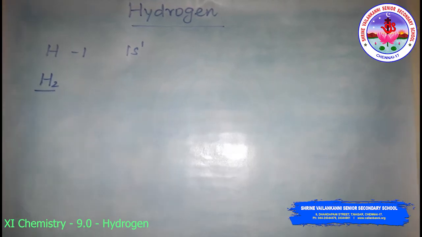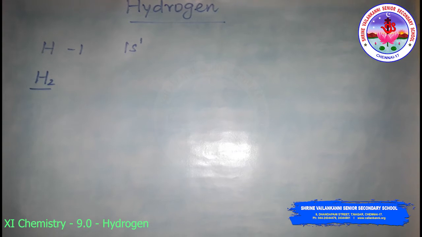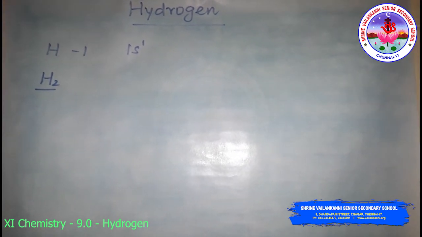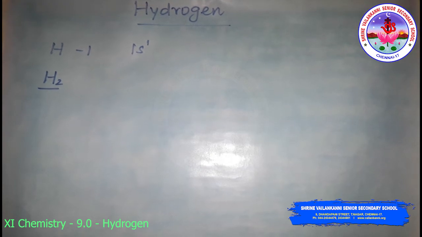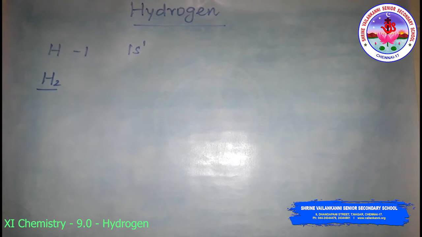Occurrence of dihydrogen. Dihydrogen is the most abundant element in the universe and is the principal element in the solar atmosphere. The giant planets Jupiter and Saturn consist mostly of hydrogen.